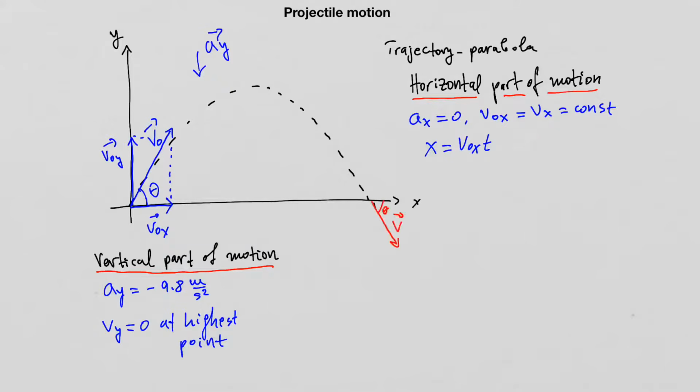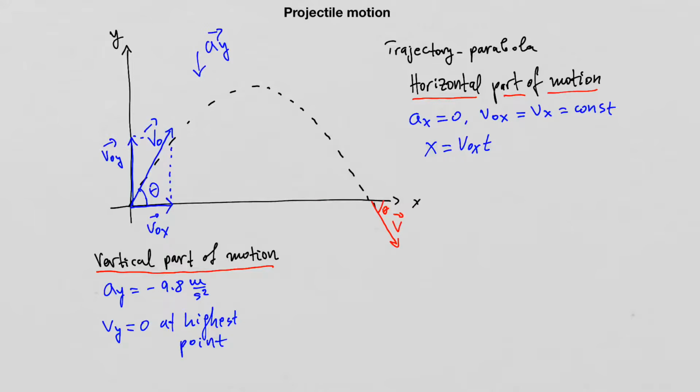As the object undergoes this projectile motion, it goes along the trajectory which is a parabola, and when it reaches the ground level here and hits the ground, it will have the same velocity by magnitude as the initial velocity. And it will make the same angle with the horizontal as the initial velocity. But this is only true when the starting and final positions are on the same level.